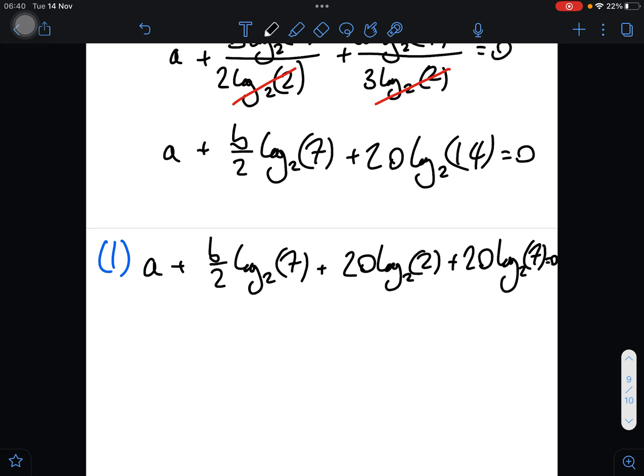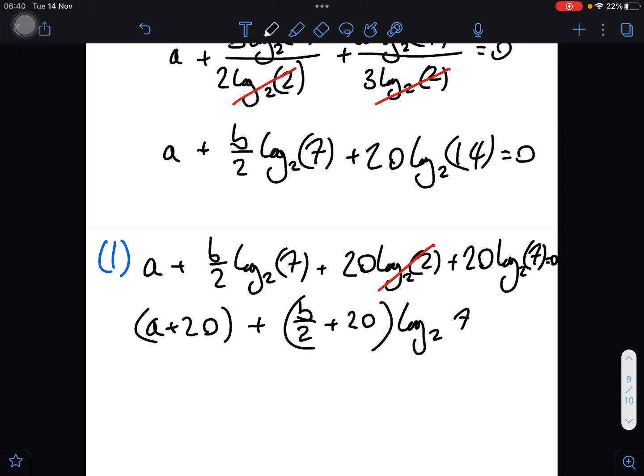And then let's separate this out. Well, we've seen here there's another log 2 of 2, so we can cancel that out. All we're left with now is a plus 20, and b over 2 plus 20 on the outside of log 2 of 7.